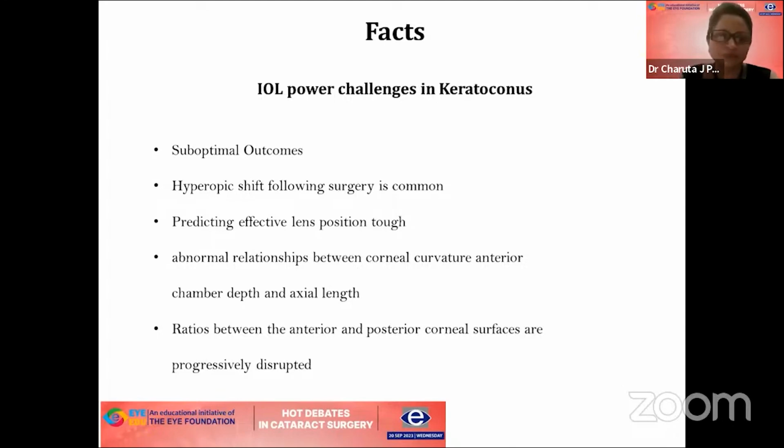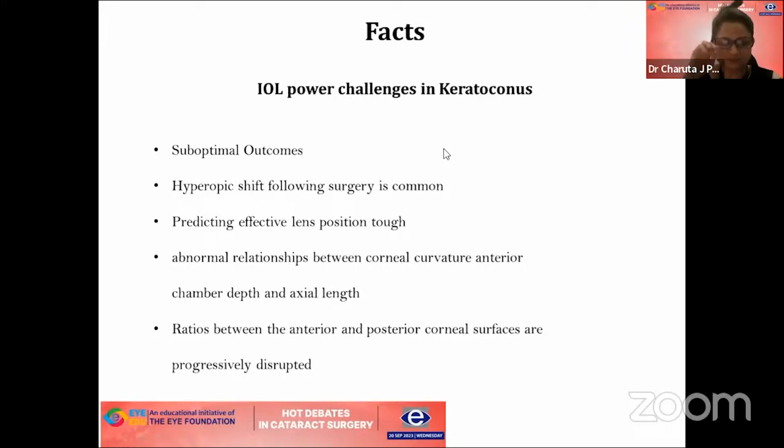We know that IOL power results of cataract surgery in keratoconus have long been suboptimal, with significantly fewer patients achieving within 1 diopter of the intended refractive target, even with a monofocal lens. And a hyperopic shift following the surgery is also commonly described, particularly in patients with a more severe stage of the disease.